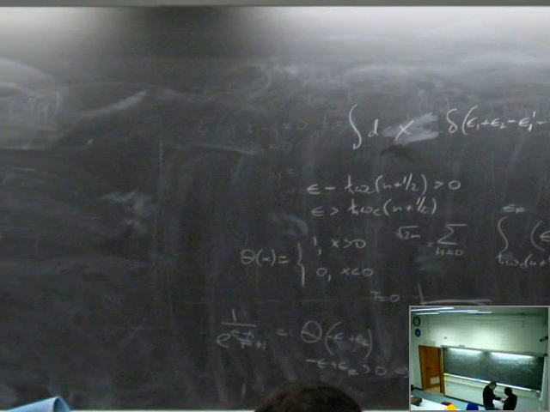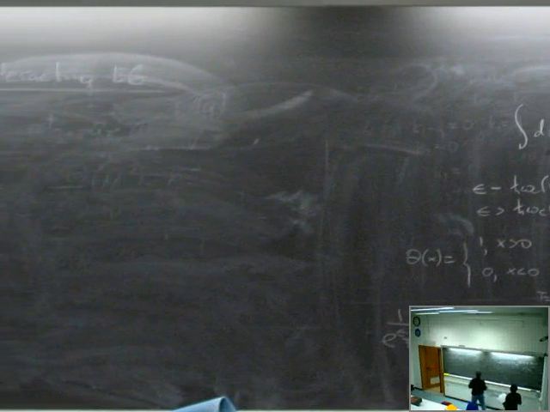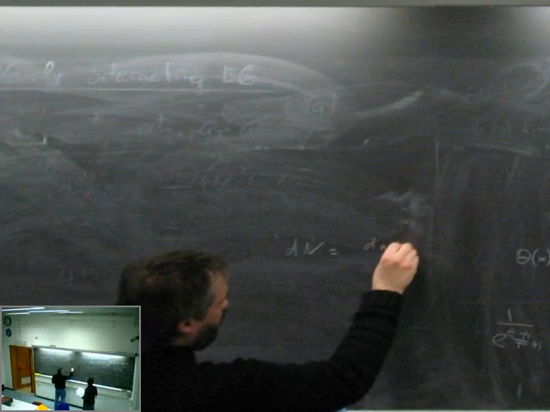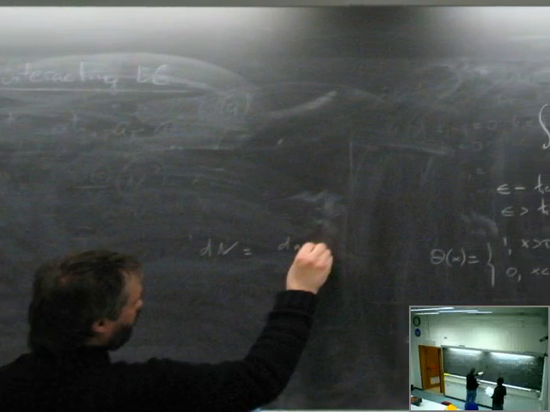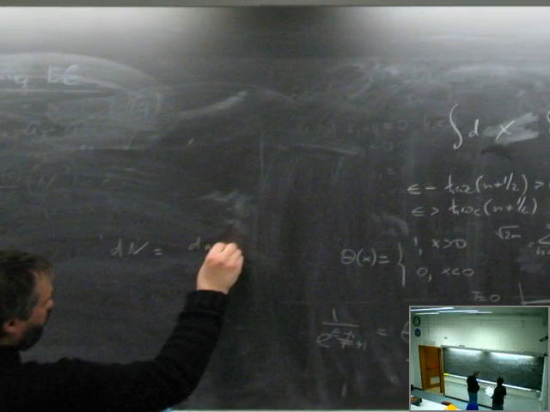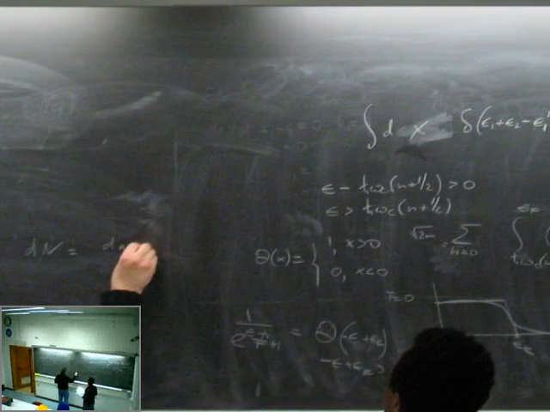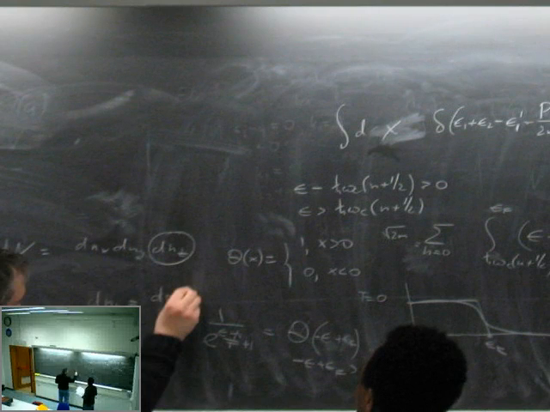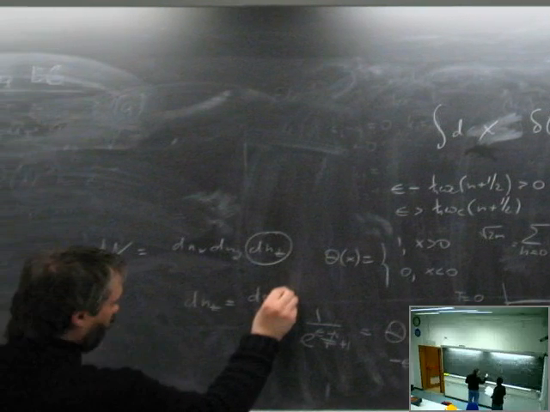So with z, it's clear that in principle, dn would be dn x, dn y, dn z. This is clear, that this is free motion along this direction. This dn z is just dpz L3 over 2 pi h.